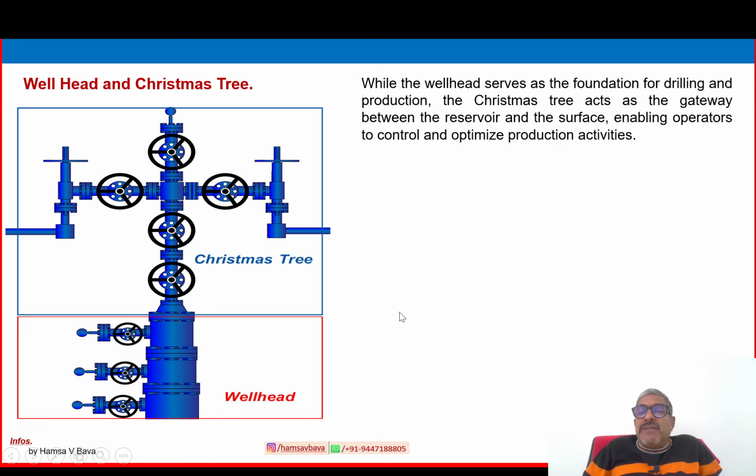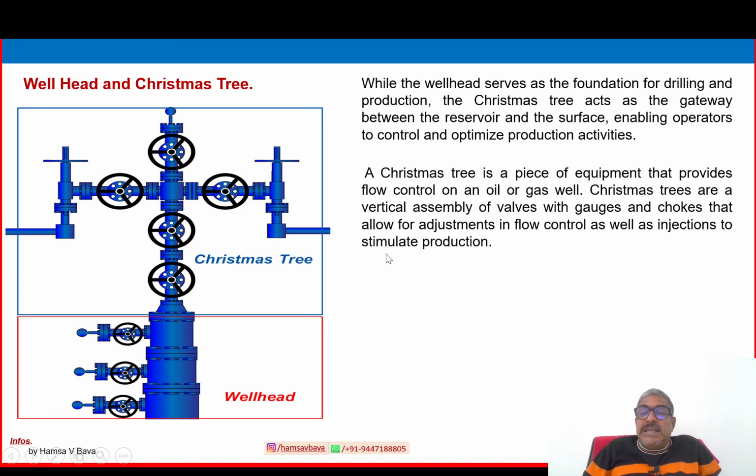While the wellhead serves as the foundation for drilling and production, the Christmas tree acts as a gateway between the reservoir and the surface, enabling operators to control and optimize production activities. The production operator controls all activities on that particular well.